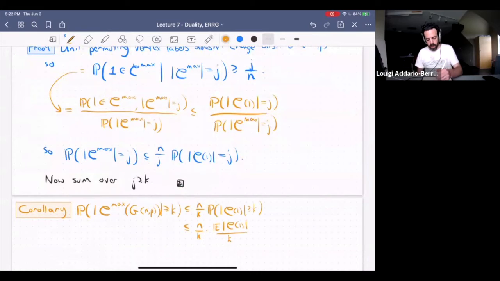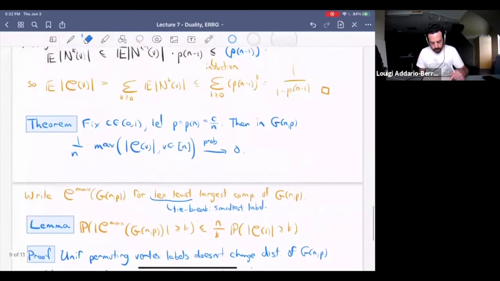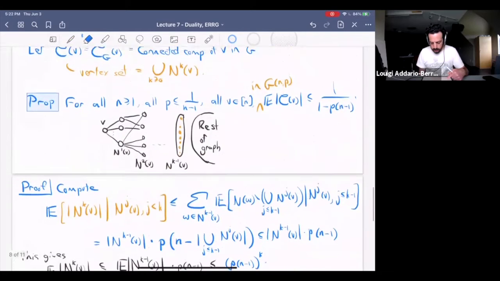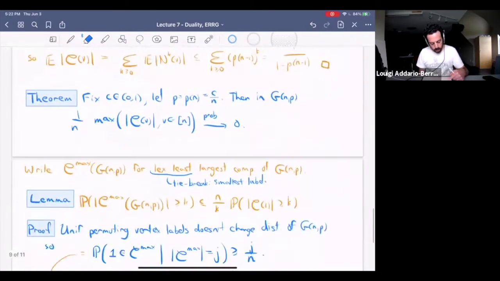And now, I should insist that p is at most 1 over n minus 1. So what did I need for that bound? P at most 1 over n minus 1, right?